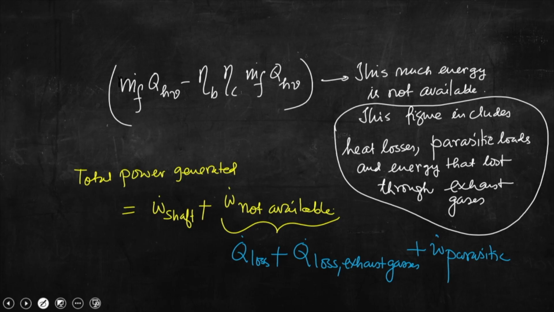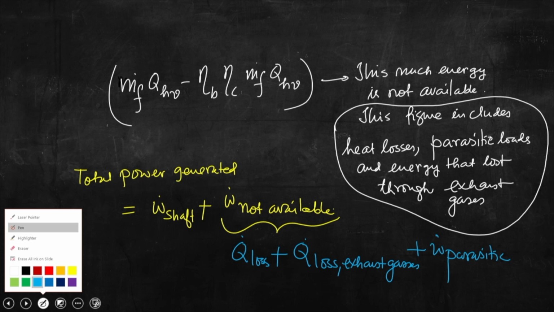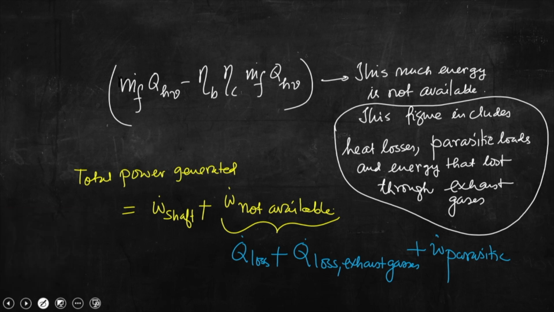Let me highlight one part. This loss of energy through exhaust gases is sometimes even higher than the brake power or the shaft power. So, this is the shaft work which is available. The loss through exhaust gases is sometimes higher than or equal to the shaft power, that you should remember.